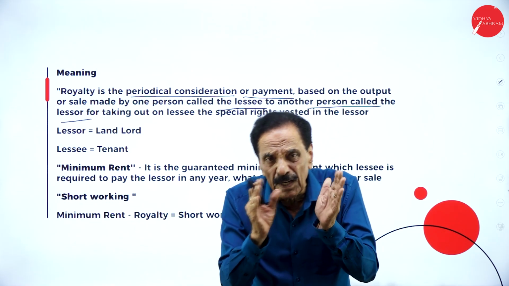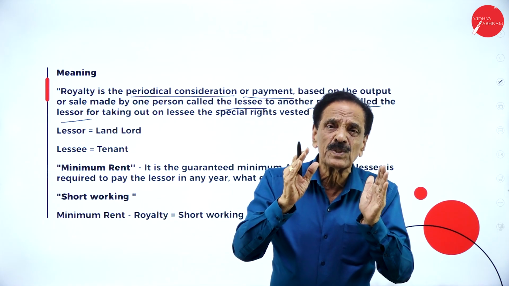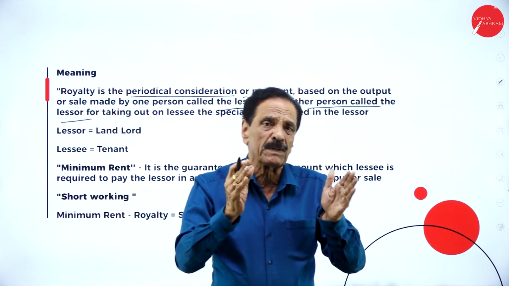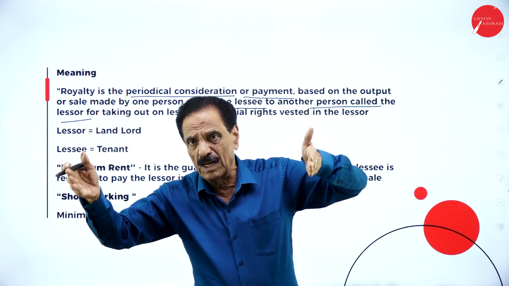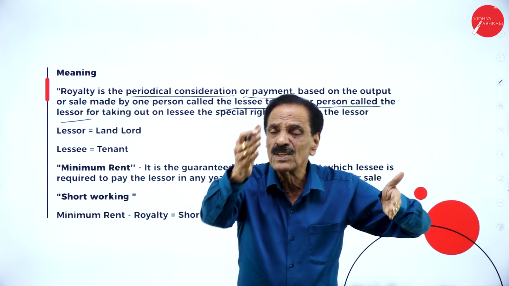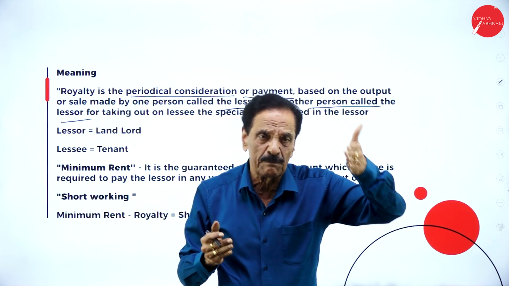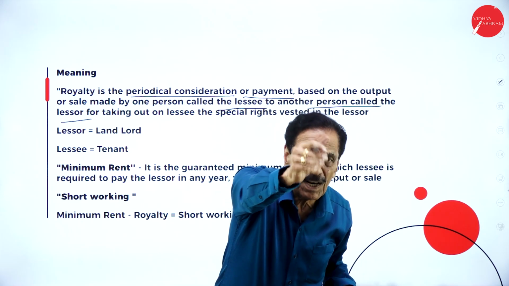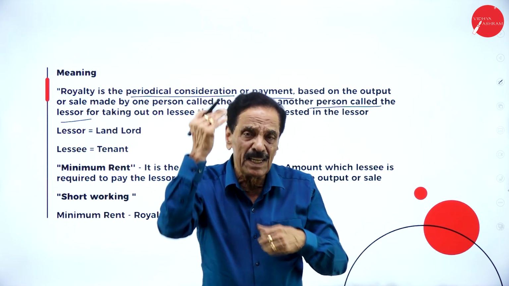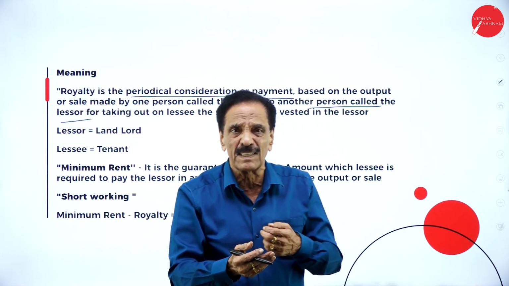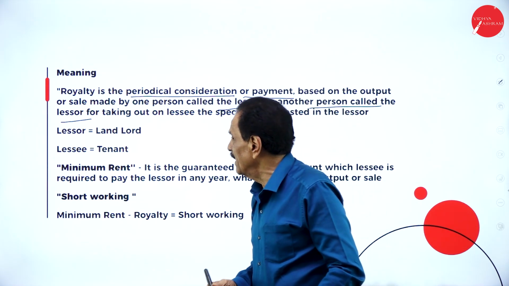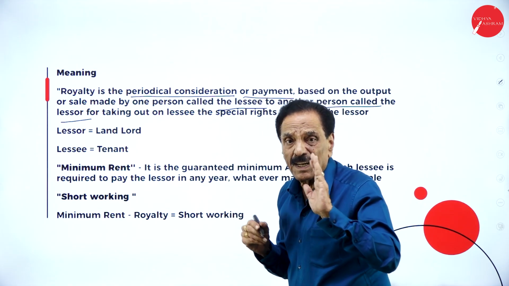So, it is the periodical payment by the utilizer of the land. There are two persons here: one is the lessor, one is the lessee. Lessor is the owner, lessee is the one utilizing your land. He may be a tenant who utilizes it for many years. A patent right is a royalty, a periodical consideration.